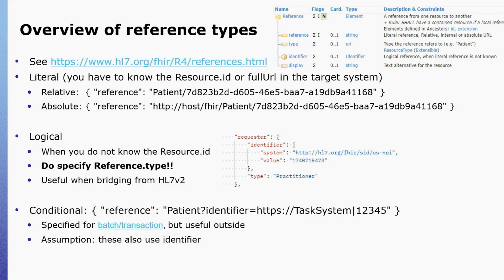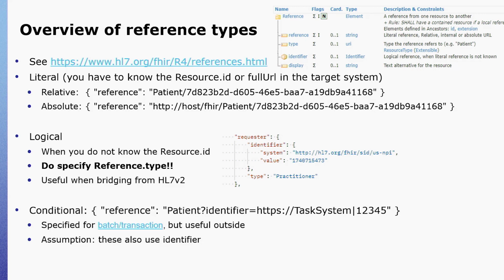Something very useful when you're, for example, building an HL7 version 2 bridge is the logical reference, where you use an identifier to refer to a resource. There is an example here on the screen where you see a reference to a practitioner using this person's NPI.